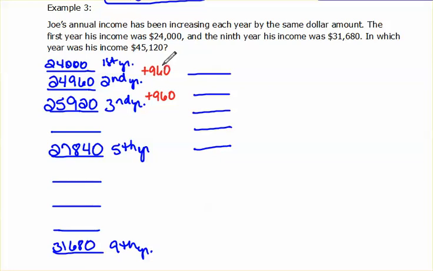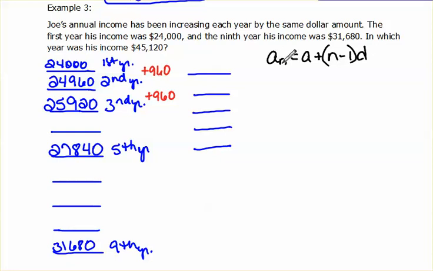we could actually solve this problem using the formula. So if you'll remember, the formula for an arithmetic sequence was a sub n equals a plus n minus 1 in parentheses times d.